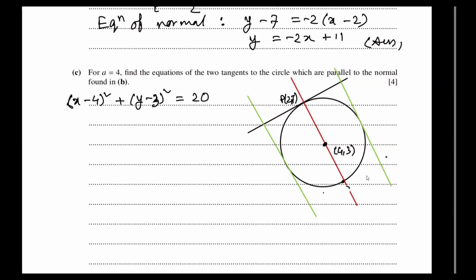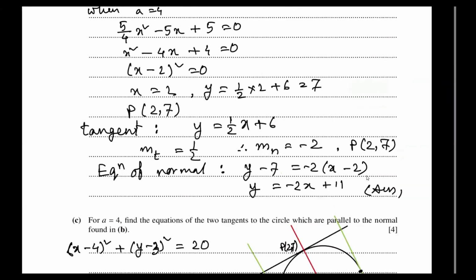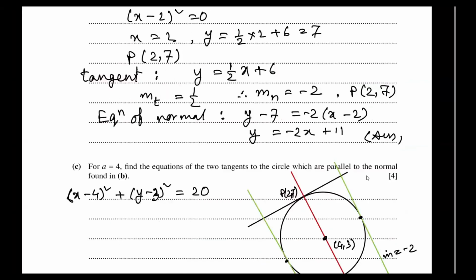Now, if we can find the coordinates of these two points, then the gradient of these two tangents is minus 2, the gradient of the normal. And the equation of this tangent is y equals half x plus 6.